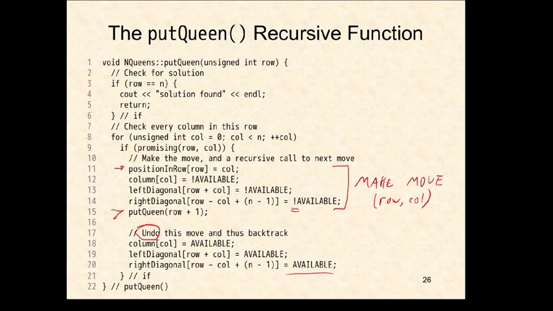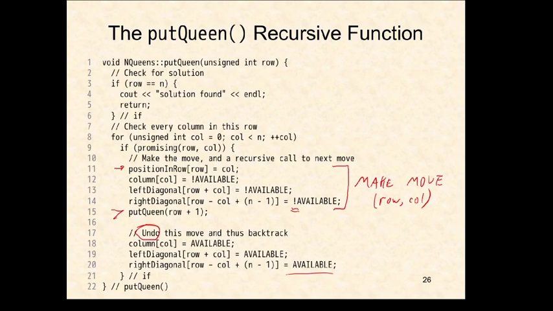Remember, I said we're never going to look at a position in row if it's not valid. So we put something in this new row, then when we go back through, we don't actually change what's in there, we just make sure we don't look at it. But the Booleans, the not available changing back to available, is critical to undoing that move.